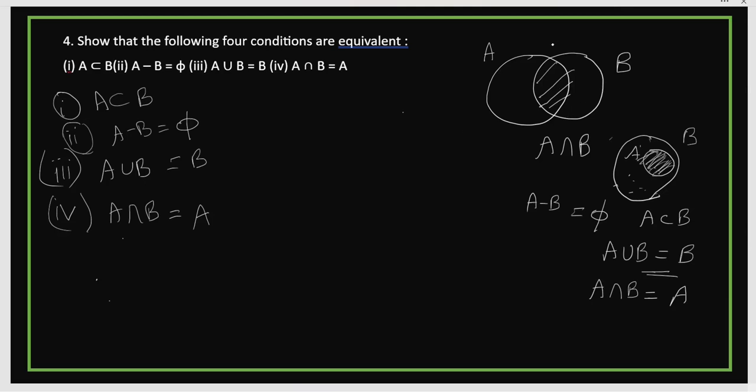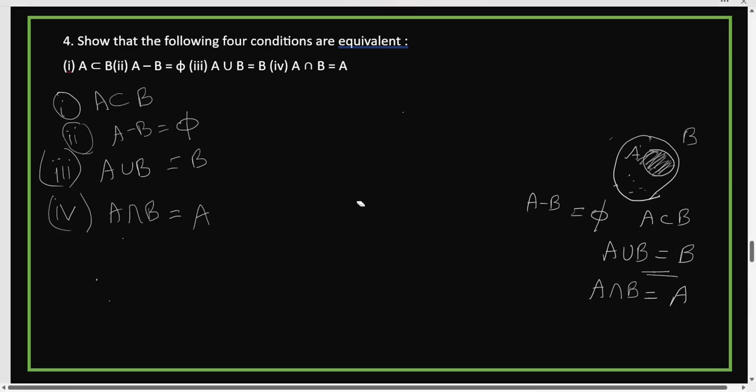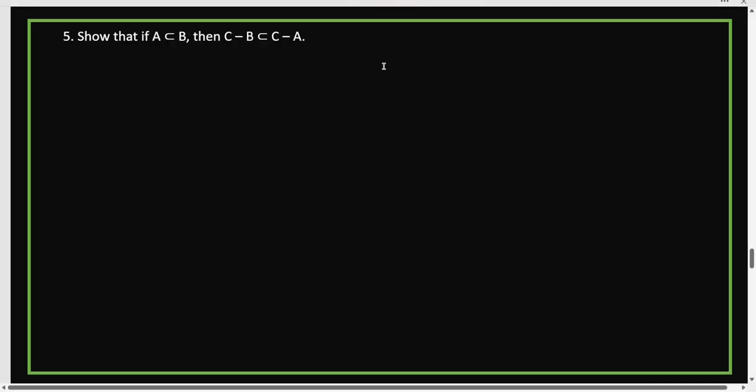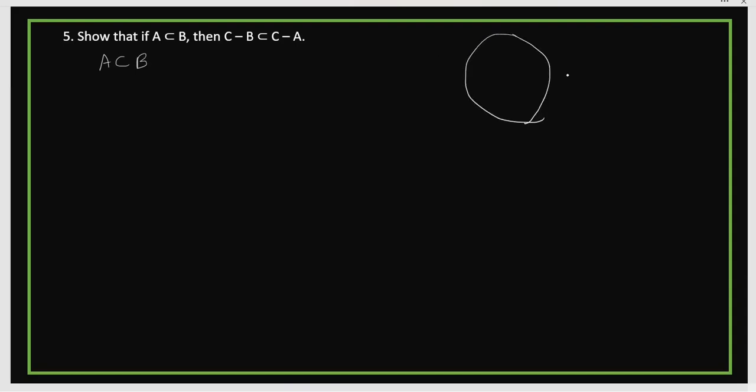This is very important. I will be explaining the basic relations I showed in the previous videos. So we'll move to the next question. Here, A is a subset of B. That means if you draw a Venn diagram, suppose this is B, and A is inside it.